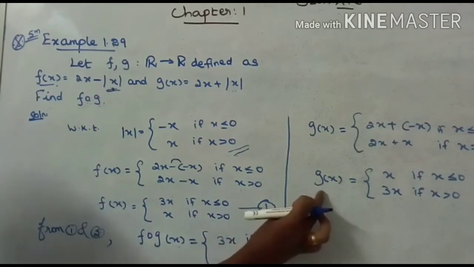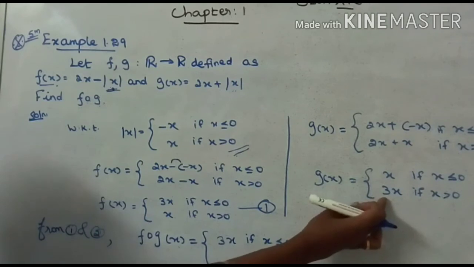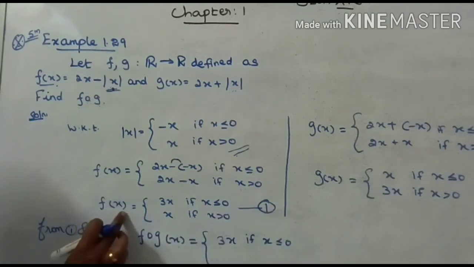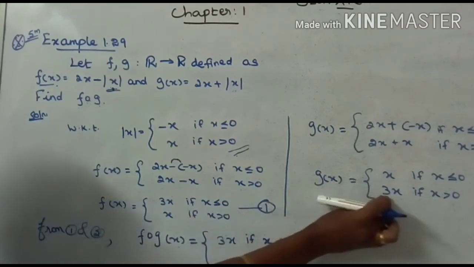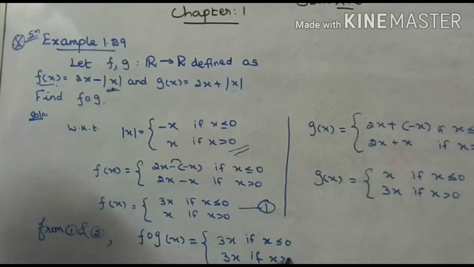Again, g of x is 3x, so g of x value is 3x if x greater than 0. But f of x is x, and in place of this x, g of x value is 3x. So f of 3x equal to, we get 3x in that interval, if x greater than 0. Okay, so g composite f of x equal to 3x for all x. Whether x is positive or negative, g composite f of x value is 3x.